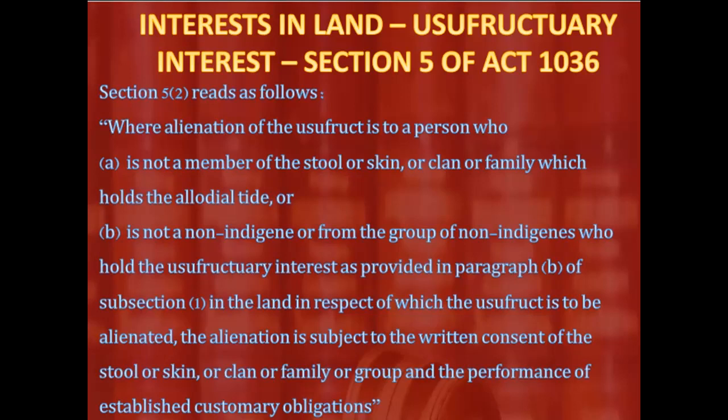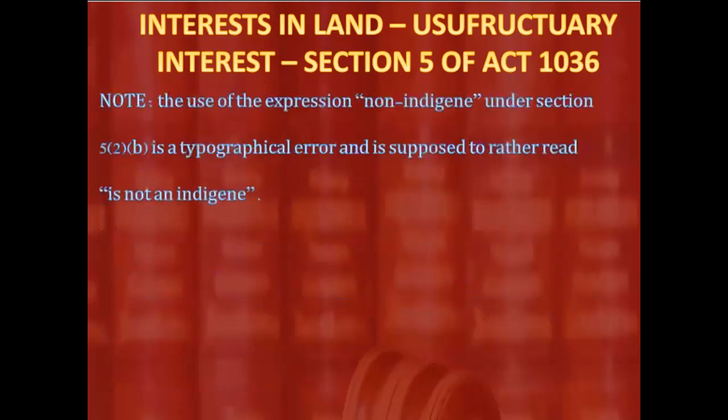So today, when you have a non-indigent who has settled on land that belongs to the allodial title holder, and they settled on the land with the consent of the allodial title holder for at least 50 years, such a person is now recognized by law to be a holder of a usufruct, having the power to alienate and dispose of the land by way of inheritance.